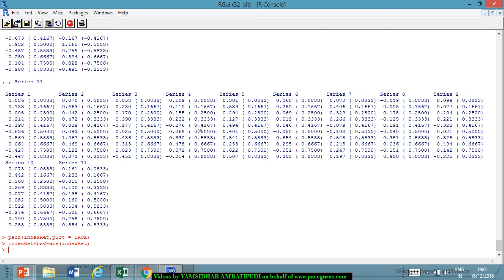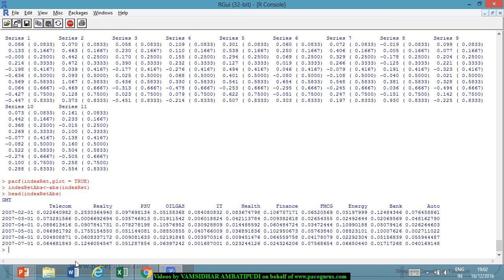So now I have done the index ret absolute, wherein if I look at the head of it, it will give me the absolute values of the returns only, no negatives, no positives. I mean, everything is converted into positive.